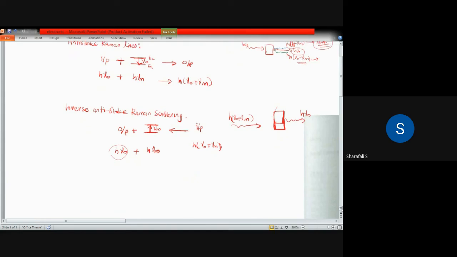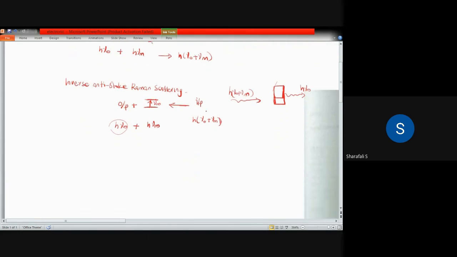So in that case, what will happen? Instead of here, we will have h nu 0 minus nu m as the incident radiation, and you will get some energy from the sample. As a result, you will get h nu 0 as your output, and that is the inverse Stokes Raman scattering.